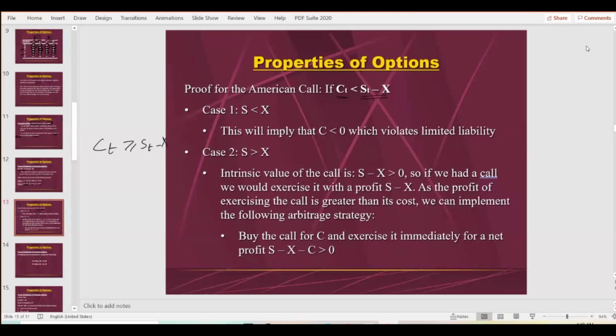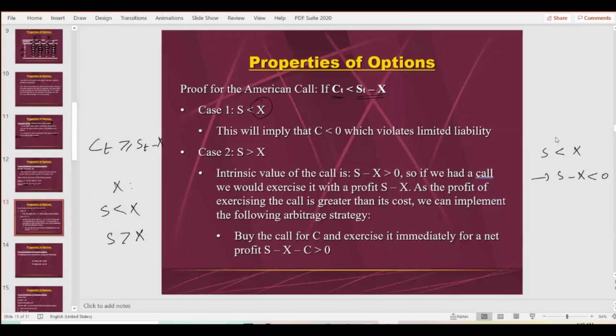Now, because here, when you have the strike price X, you will consider two cases: if S is less than X, or if S is greater than X, that is, if the option is in the money or out of the money. So case one, if S is less than X, this means that S minus X is negative.